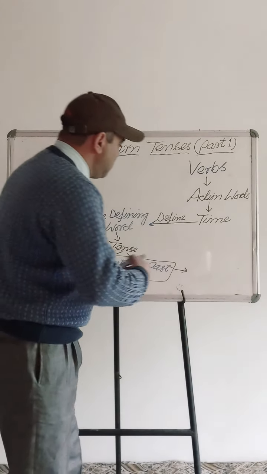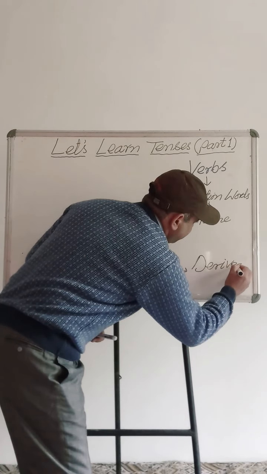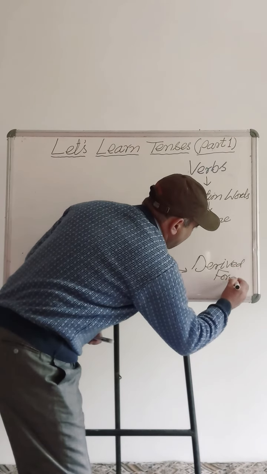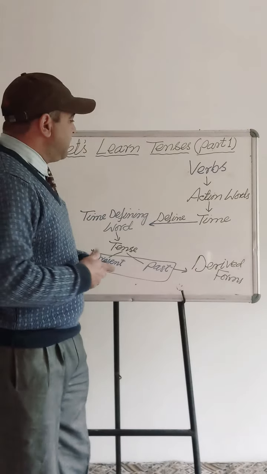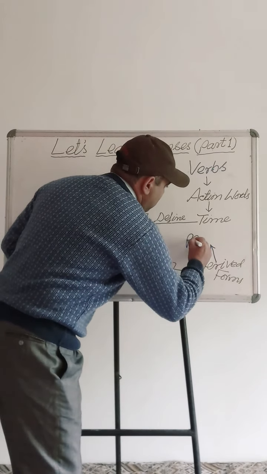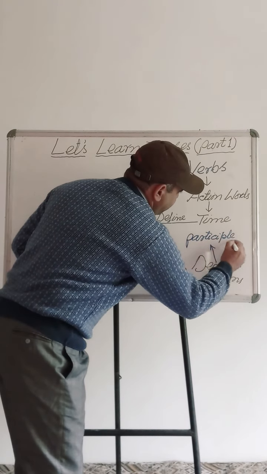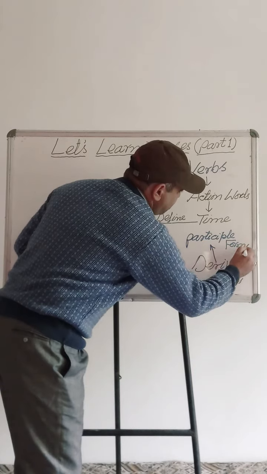Those forms are called derived forms, and in grammar terminology they are called participle forms.